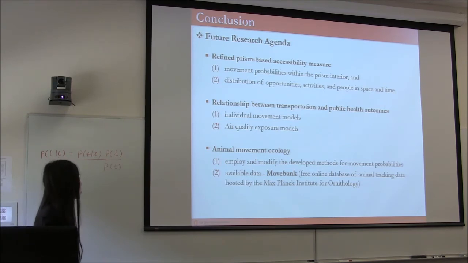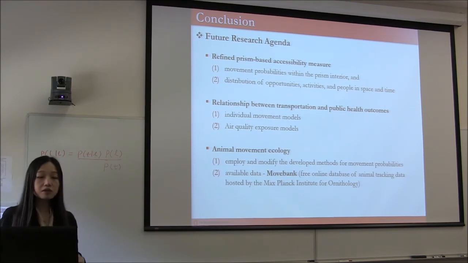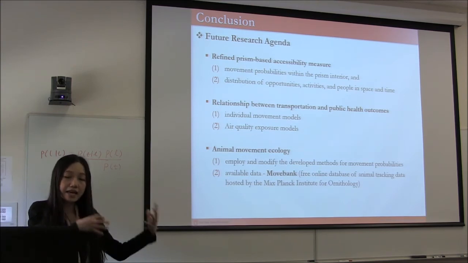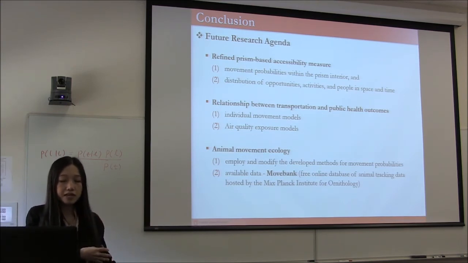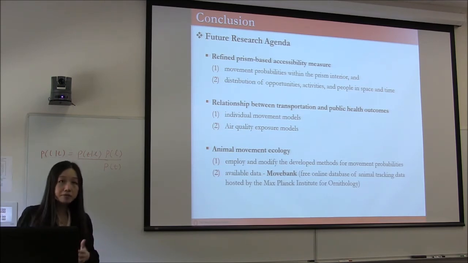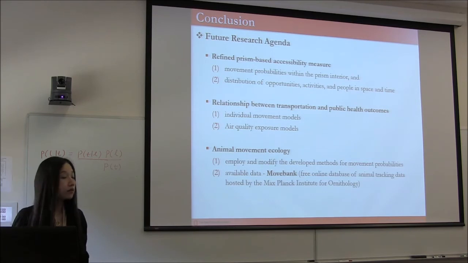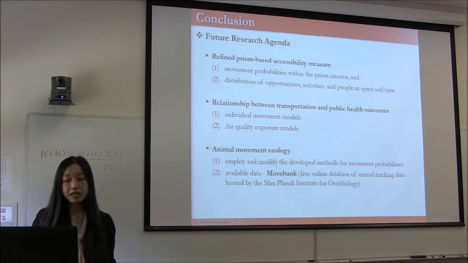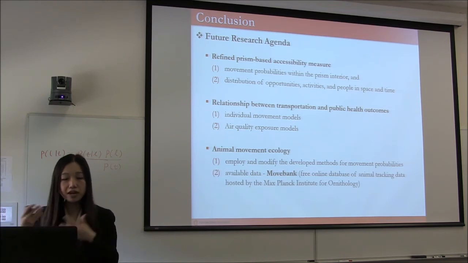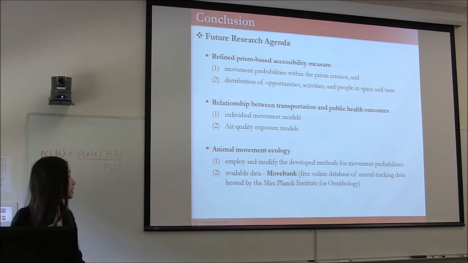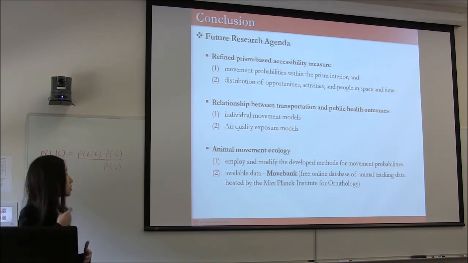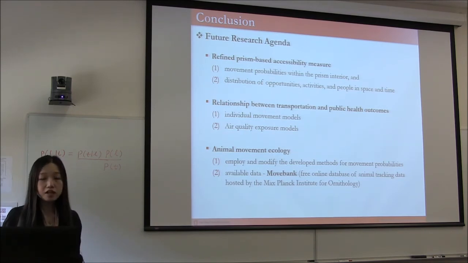The second direction is we can combine the individual movement model with the air quality exposure models, and then look at the relationship between transportation and public health outcomes. The third direction is we can employ those methods, modify them considering the characteristics of animal movement, and look at animal movement ecology.